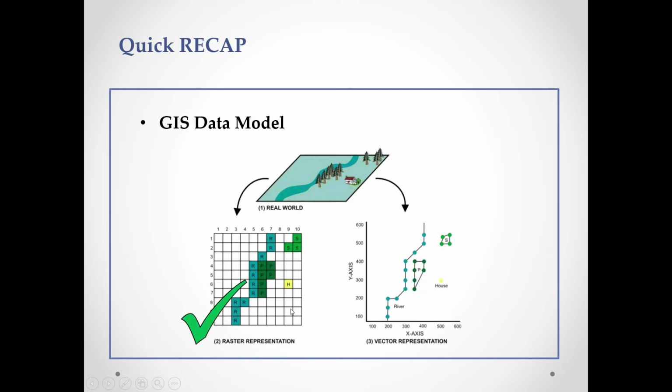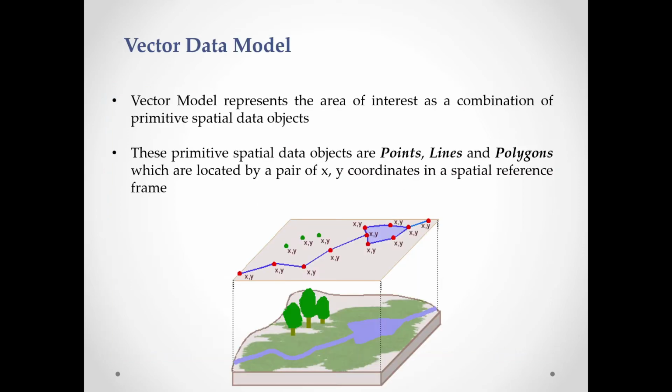Now let's see how to represent the same real world as per the vector representation. Vector data model. Vector model represents the area of interest as a combination of primitive spatial data objects. These primitive spatial data objects are points, lines, and polygons which are located by a pair of XY coordinates in a spatial reference frame.